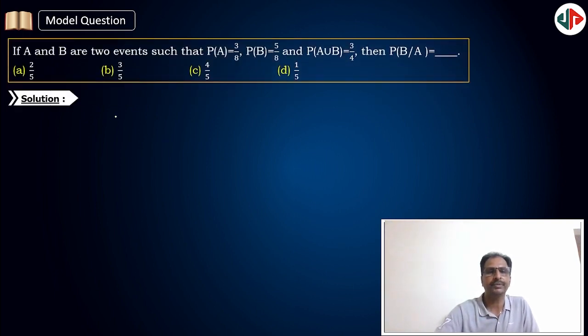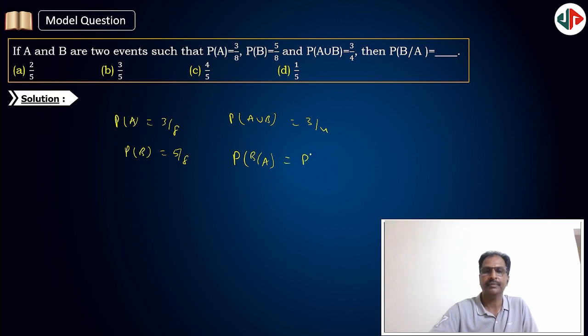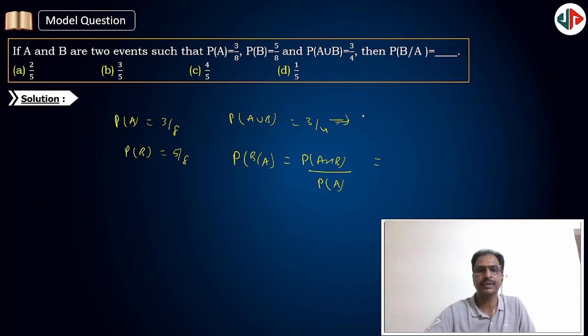Next, if A and B are two events such that P of A is 3 by 8, P of B is 5 by 8, and P of A union B is 3 by 4, then what is the conditional probability P of B by A? P of B by A is nothing but P of A intersection B by P of A. So first you have to find P of A intersection B. For that, what is the formula for P of A union B?